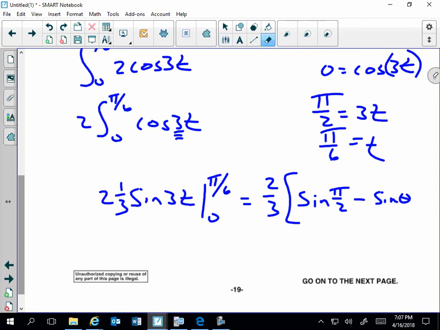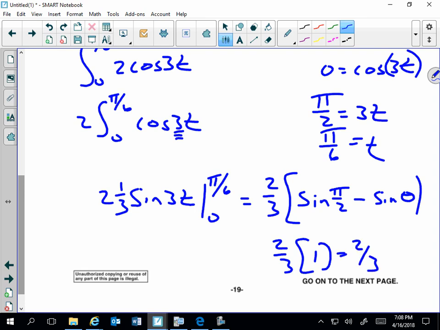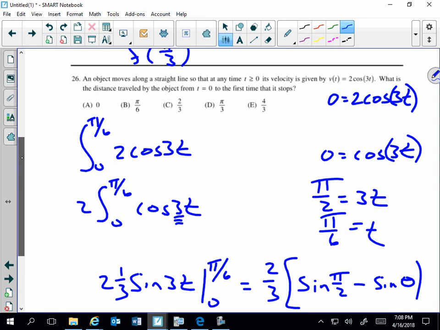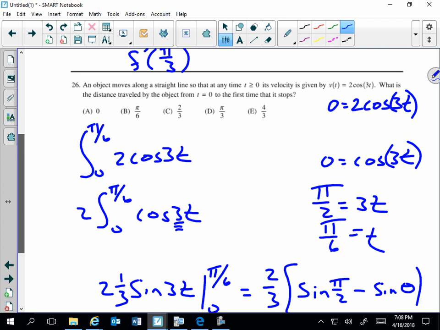That's not a theta, that's a 0. Okay, and so I get 2/3. Sine of pi over 2 is 1, sine of 0 is 0, and I get 2/3. Answer 26C, 2/3. All right.